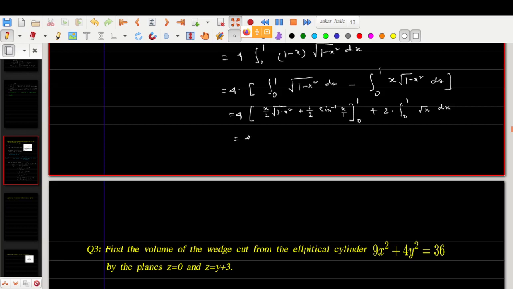So now this quantity will be 0, because if you put x equals 1, there it will be 4 times, here 1 and 0 both will cancel out, but here 1 half and sine inverse 1 is pi by 2, plus 2 by 3 and x to the power 3 by 2, that is 1. So that quantity will turn out to be pi plus 4 by 3.